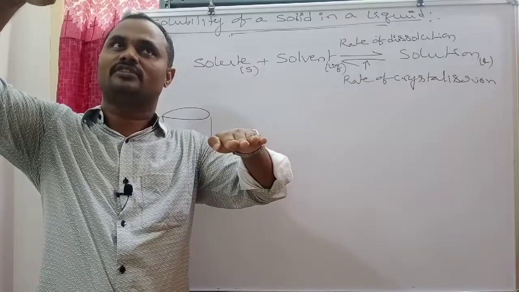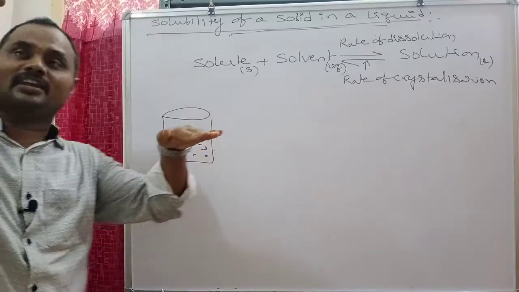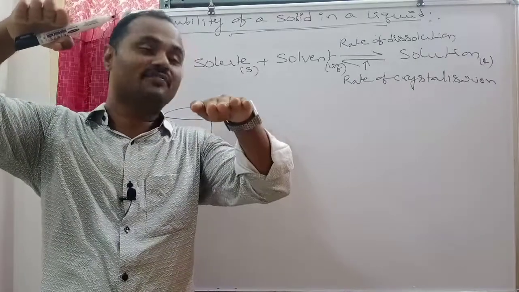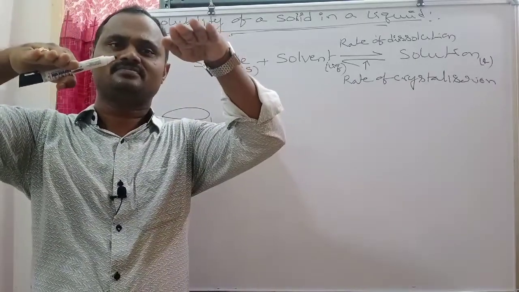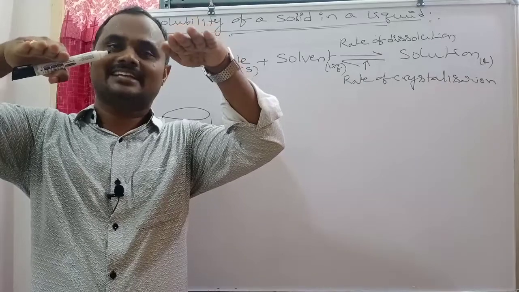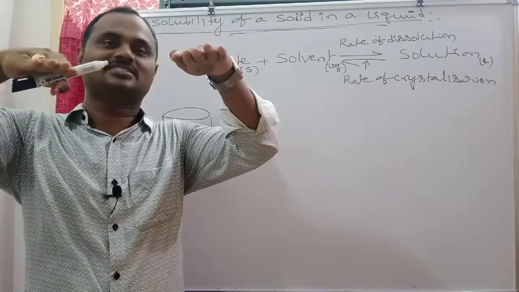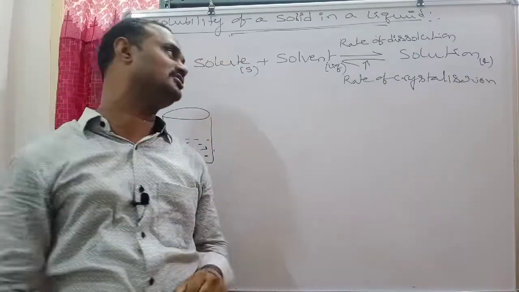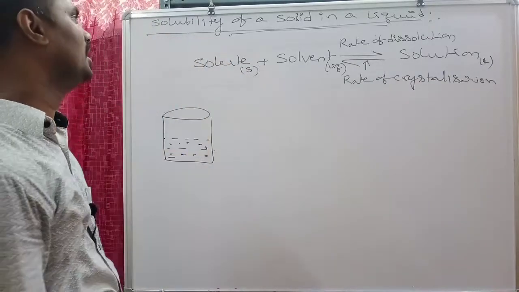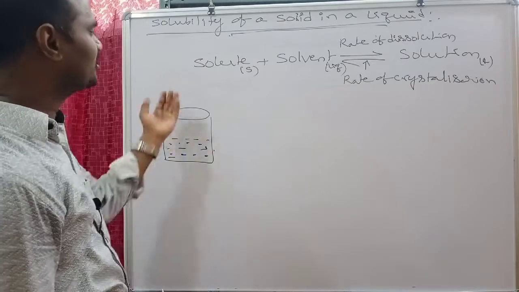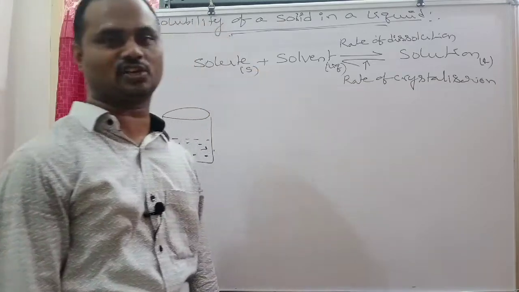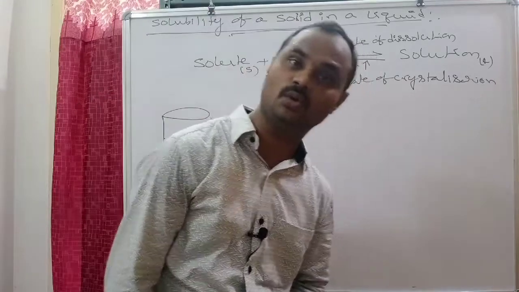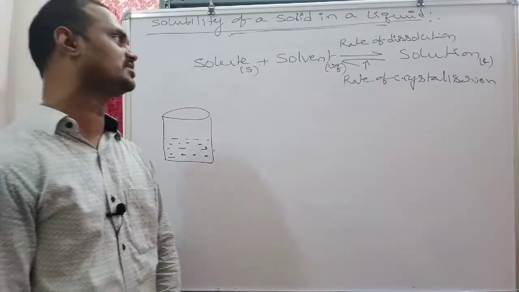Slowly, after dissolving, the rate of dissolution decreases and the rate of crystallization increases. At a certain time both rates, both speeds, are equal. At this stage the process attains equilibrium, where the rate of forward reaction equals the rate of backward reaction.